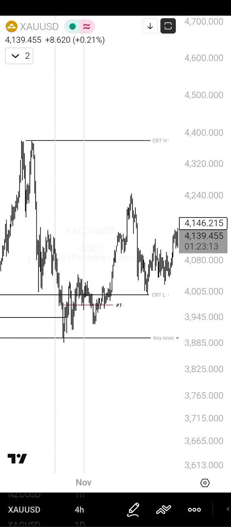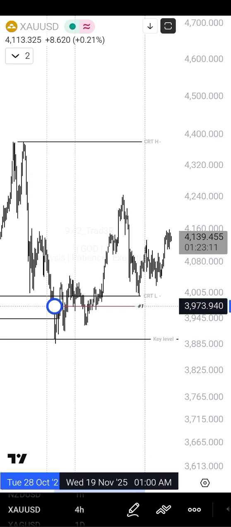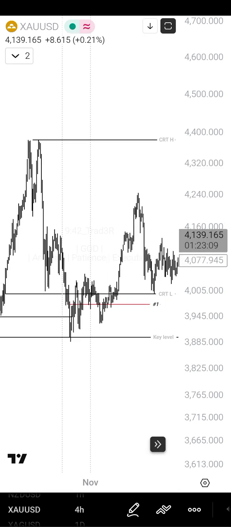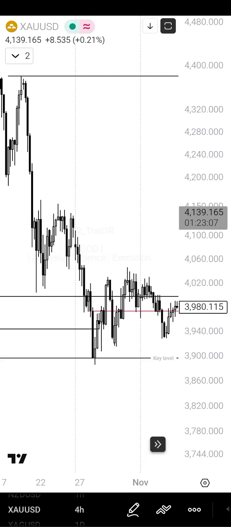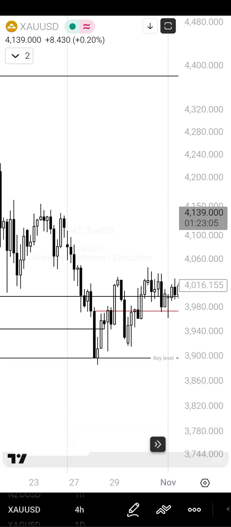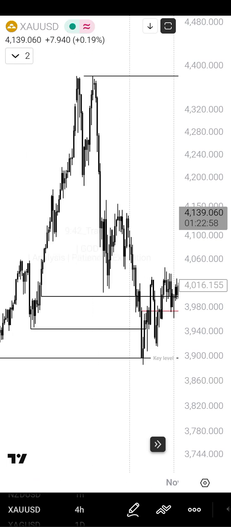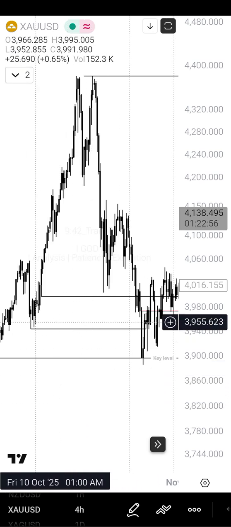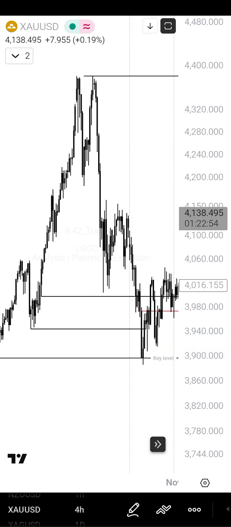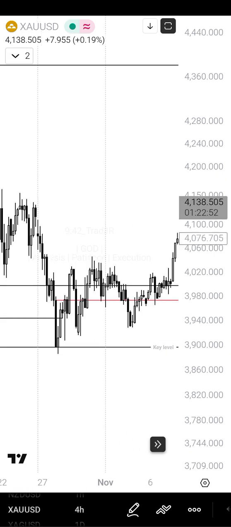And you can see how price has been respecting the model number one after a close above this one specific 4 hour candle that stabbed into the old pre-manipulation liquidity pool, into the key level.